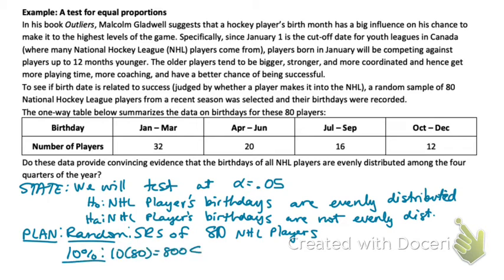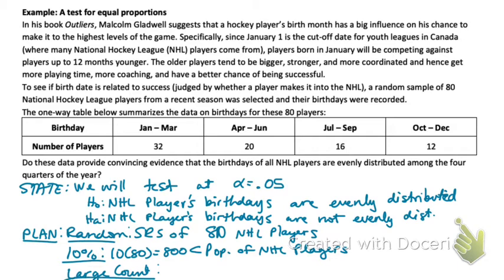We're going to assume that is less than the population of NHL players. So we have our random, we have our 10%. What's left? Very good. And I'm so glad that you said large count and not normal, because it's not normal. It is right skewed. So this would be the large count condition.